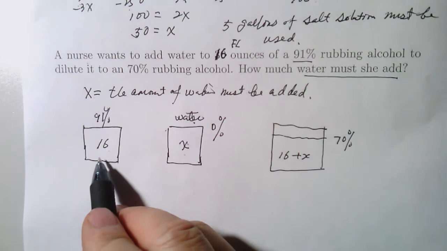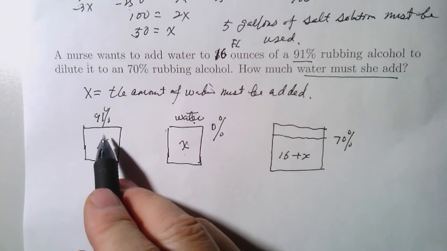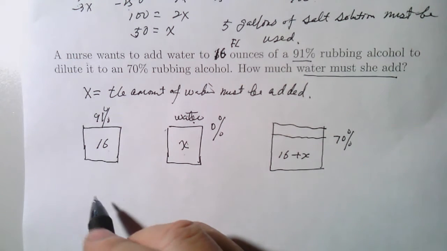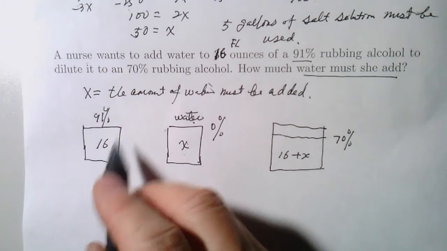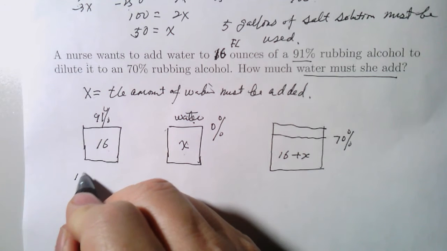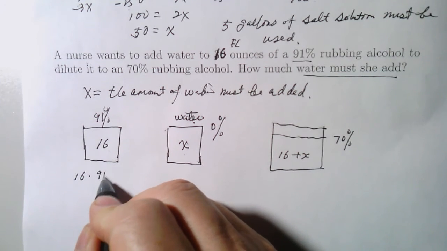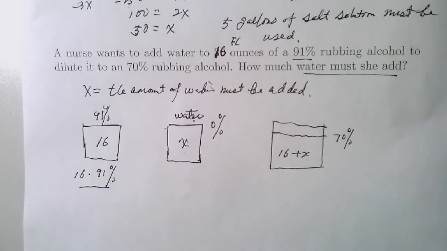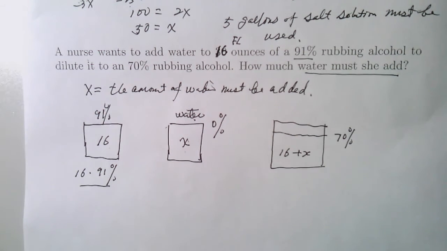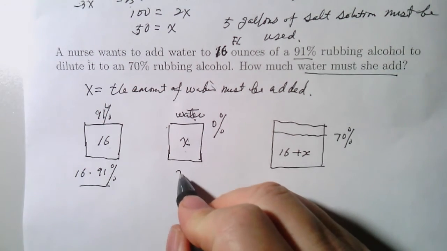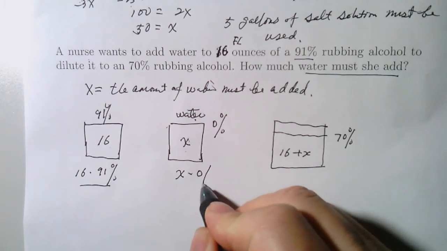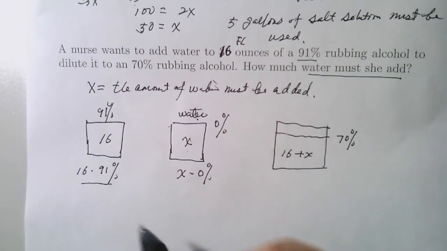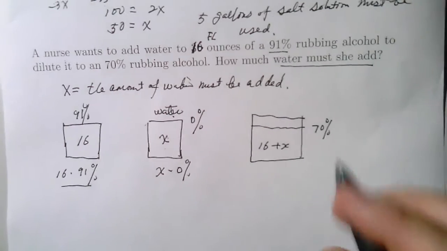From the 91% rubbing alcohol, the total amount of pure alcohol is 16 times 91%. For the water, it is x times 0%, since there is no alcohol in it.